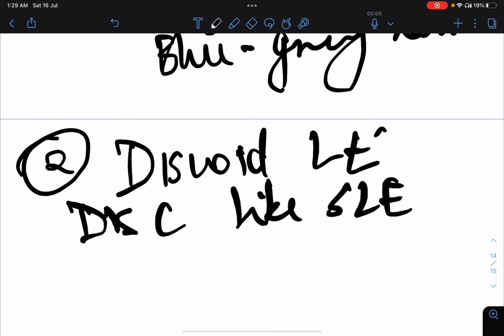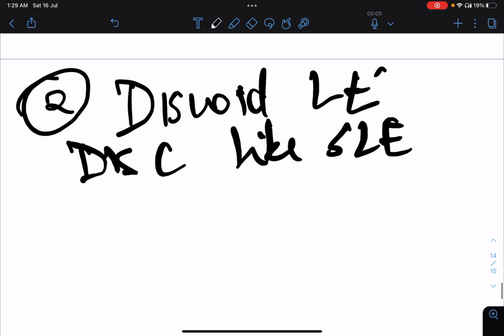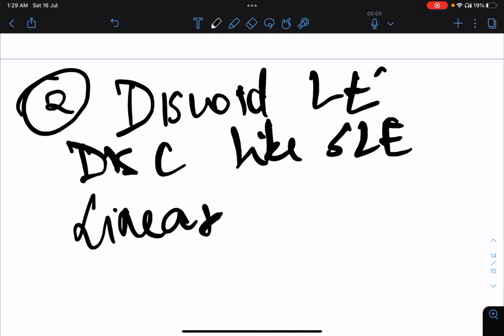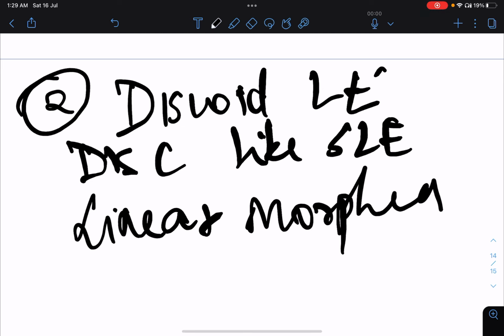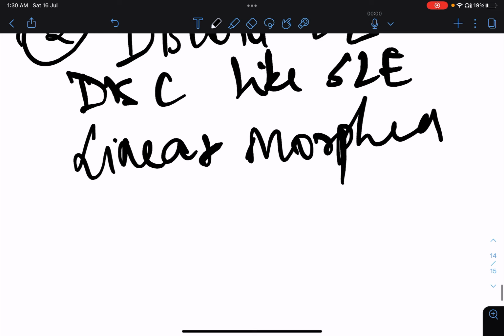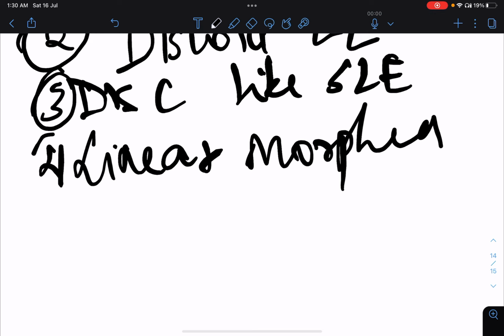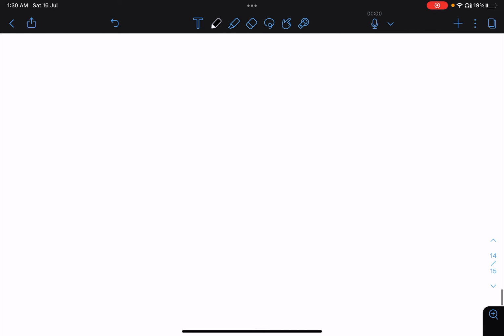But I told you SLE could be non-cicatricial as well. Or it could also be in linear morphea. Linear morphea is thickening of the skin, and therefore, again, you would see something like that. So two, three, four.